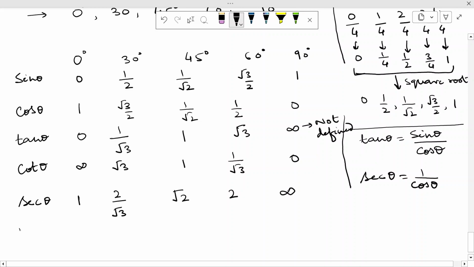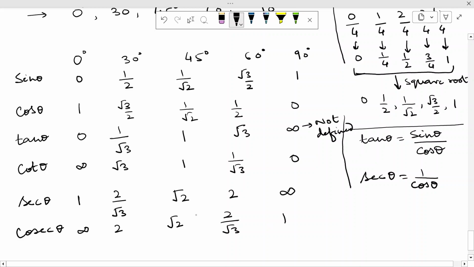Now, for cosec theta you just need to reverse this order. So here you will obtain infinity, 2, root 2, 2 over root 3 and finally 1.